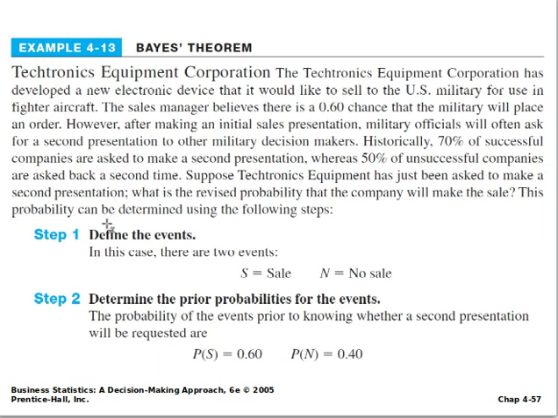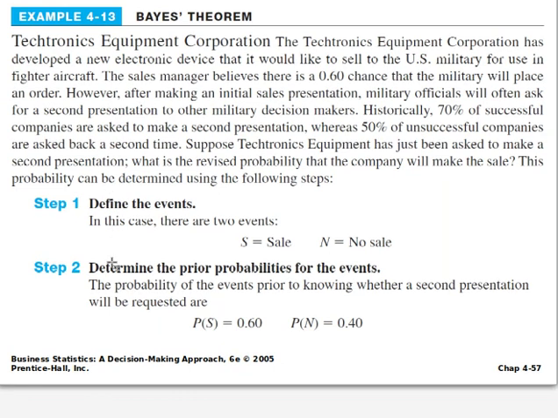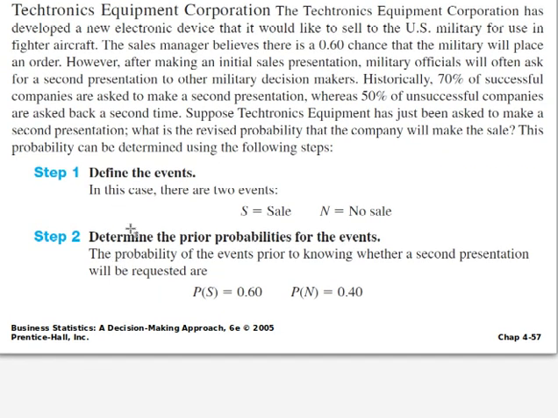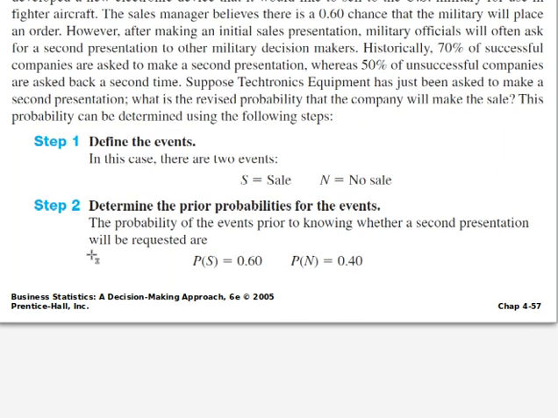This probability can be determined using the following steps. Step 1. Define the events. In this case, there are two events, sale and no sale. Step 2. Determine the prior probabilities for the events.